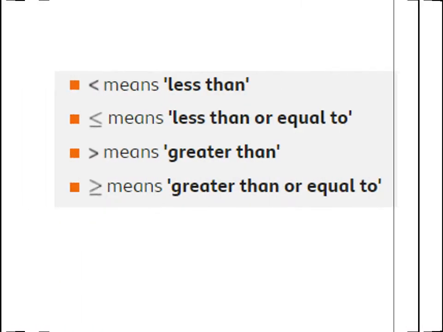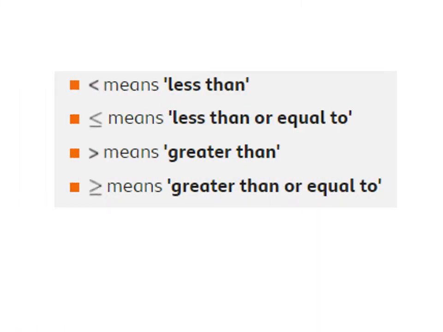Today we're going to be having a think about inequalities. Here are 4 signs that you may have met before. Have a look. X greater than or equal to 2.